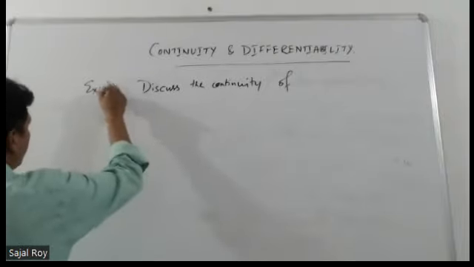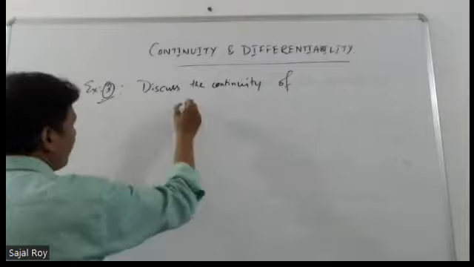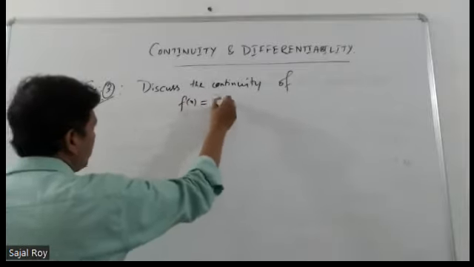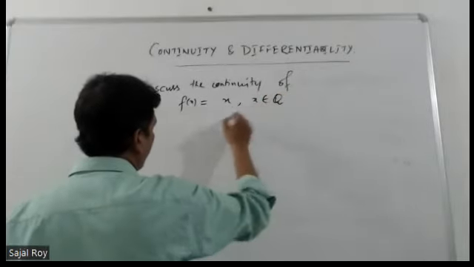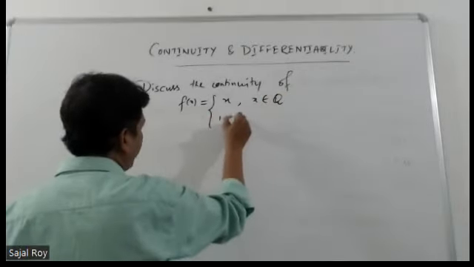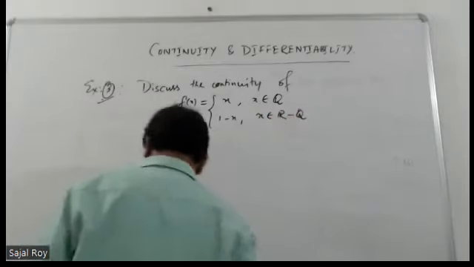Next is question number 3. I will give you a similar question. Discuss the continuity of f(x) equal to x when x belongs to the rational numbers, and 1 minus x when x belongs to the irrational numbers, that is, real minus rational.